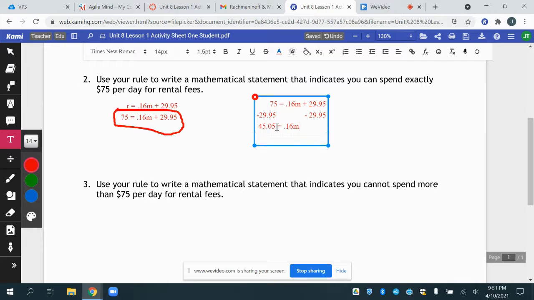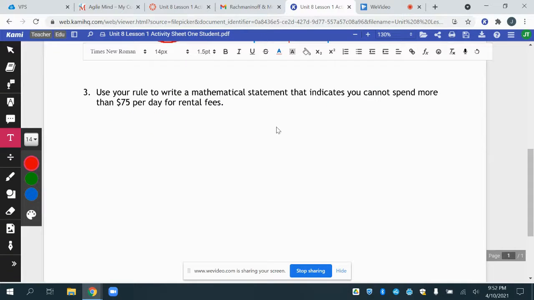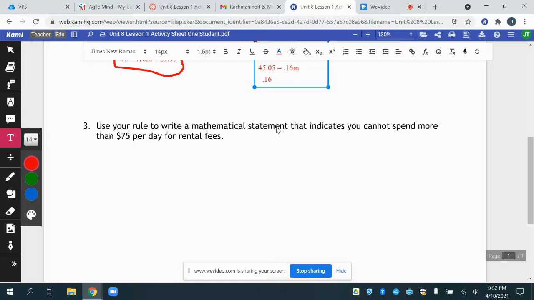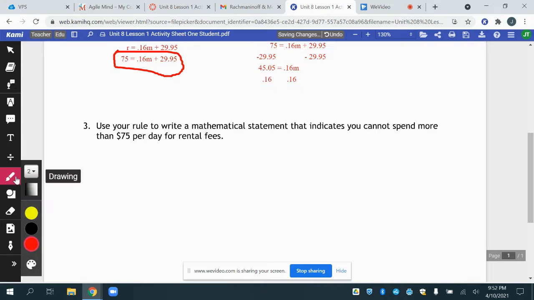So what that looks like is divided by 0.16. You know what? I'm just going to write it in like I used to because it looks better. In algebra, and I'm going to be a stickler for this, writing things down correctly is very important. It's like learning how to be organized. That's what it really is.